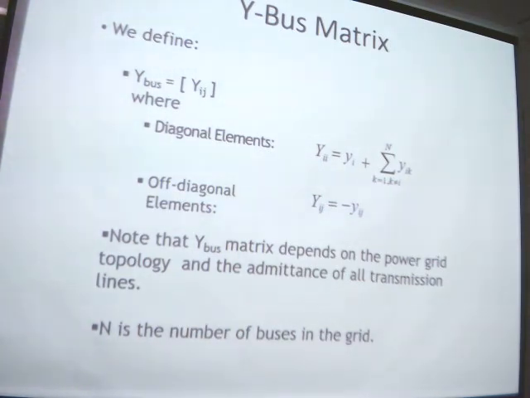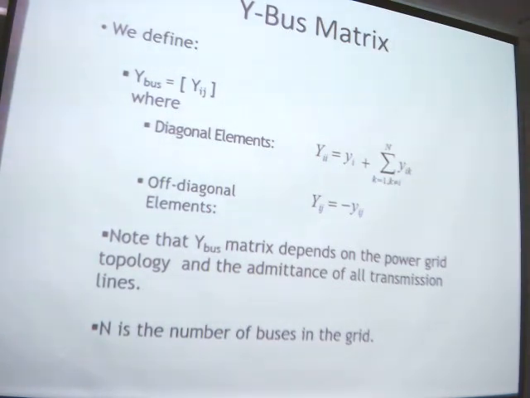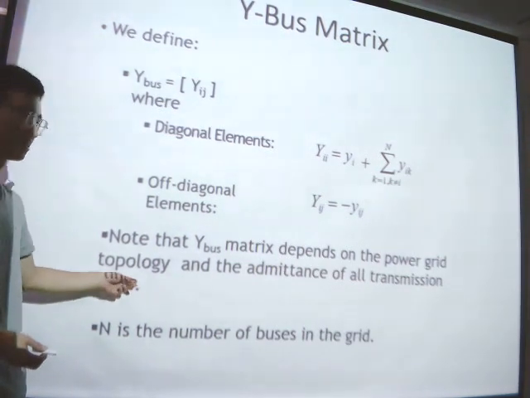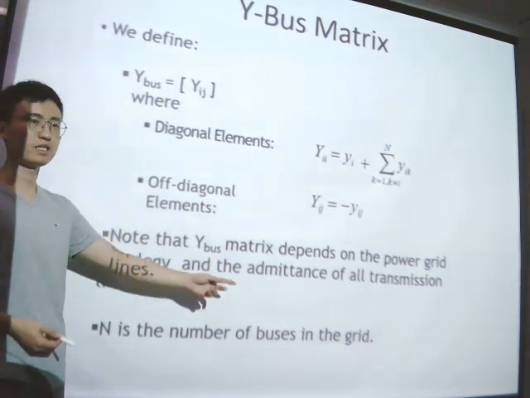So that is the diagonal element and the off-diagonal element. That is why the admittance matrix describes the power grid topology, because Y3 is not connected to bus A, so YAA is only equal to Y1 plus Y2.